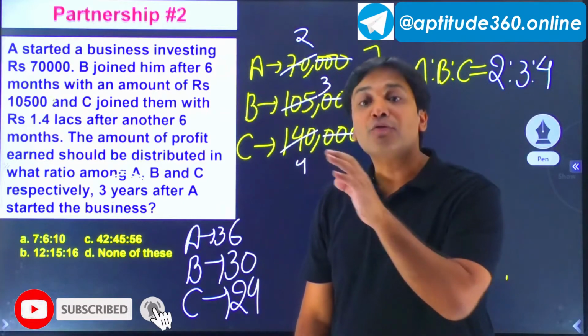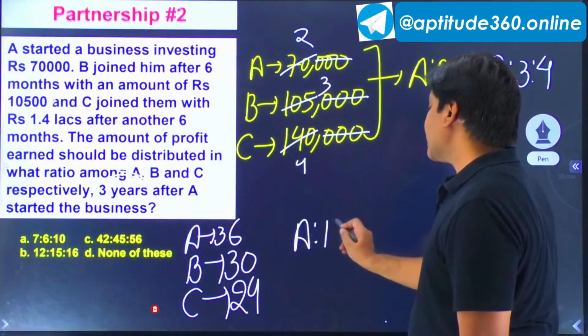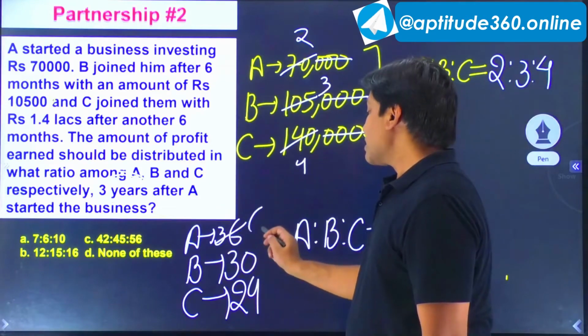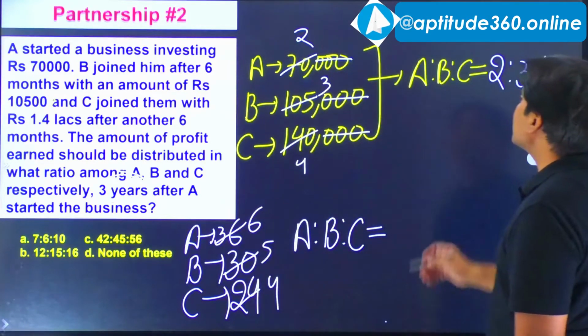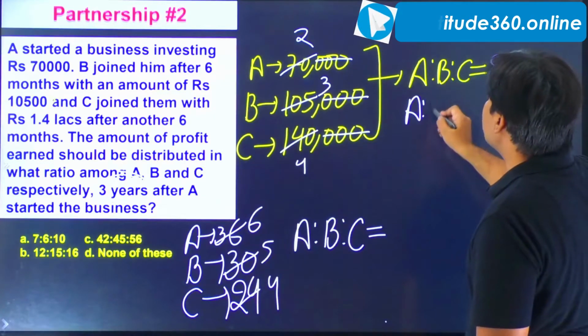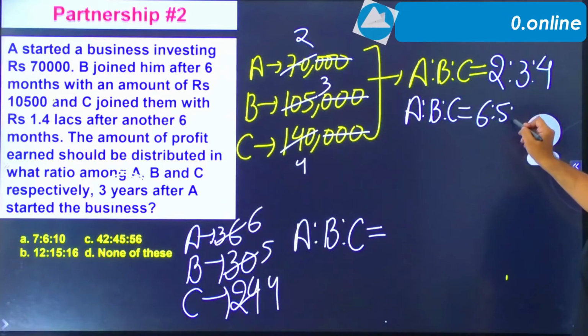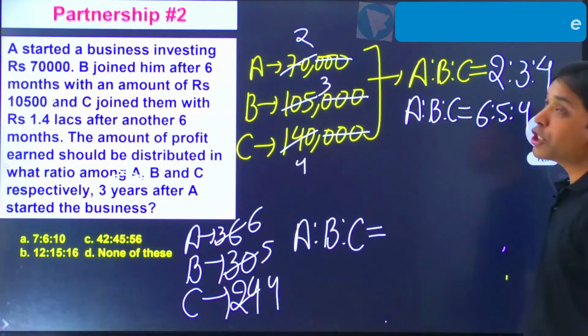Would we be able to find out the ratio of A's to B's to C's here? That is, the ratio of times. So this is 6 into 6, 6 into 5, 6 into 4. So what is the ratio of time of A, B and C? 6, 5, 4. Now, would you be able to find out the profit ratio? Yes.